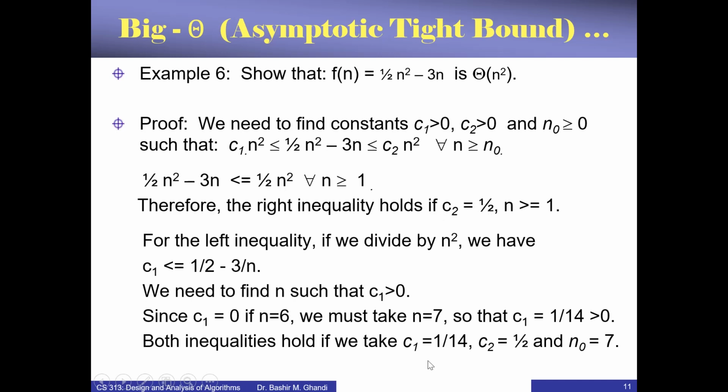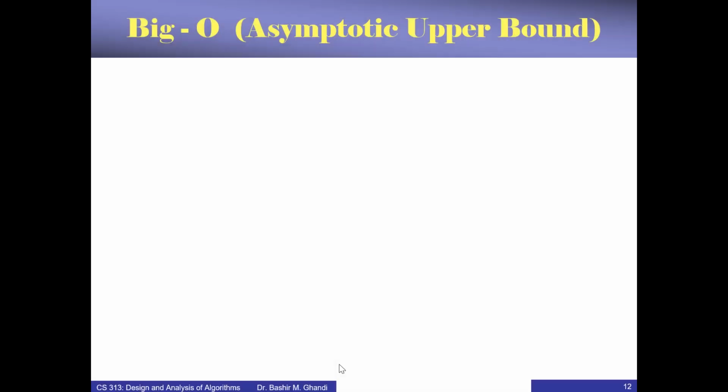So these are the three constants, and therefore we are able to show that this function is indeed theta of n squared. All right, I think we have taken enough examples of how to find the three constants that will allow us to show that a certain function is theta of another function.